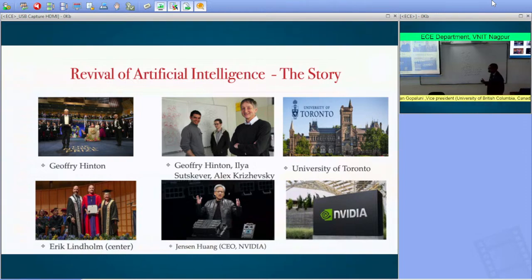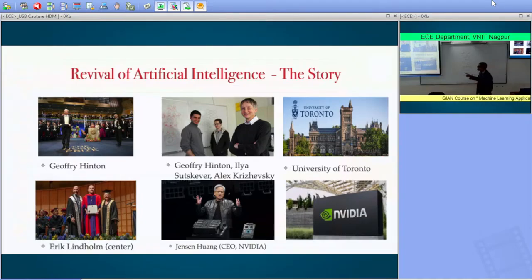He and his colleagues were working on building better neural networks. We'll talk about neural networks in a bit, but they were trying to build networks that perform better. One of the problems they faced was that if they had more than a few layers in the neural network, it was extremely difficult to train because of the computational complexity.